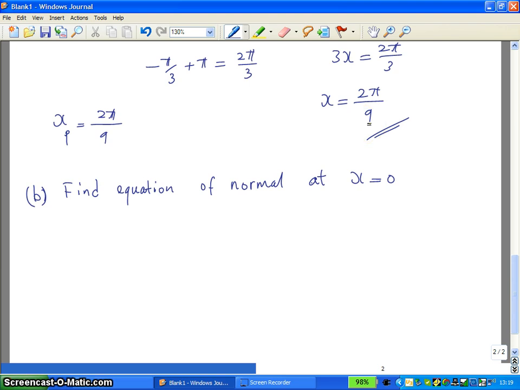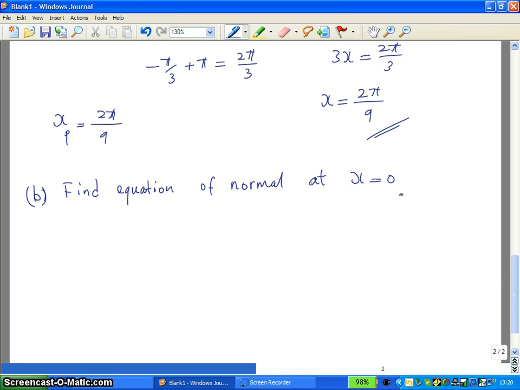Okay, part B is asking you to find the equation of a normal at x equal to 0. Whenever you've been asked to work out an equation of a normal, first you need to work out the gradient of the tangent, because the gradient of the tangent is equal to the derivative of the function at that point.